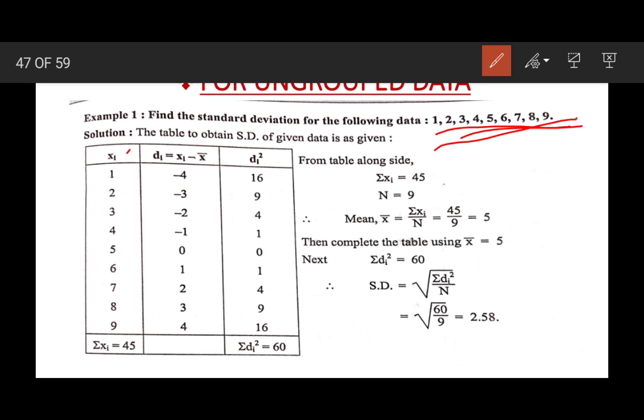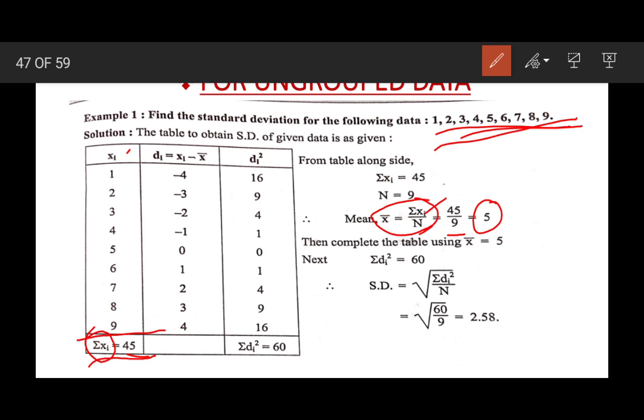Now the first step is finding the mean. The formula for mean is summation of x upon the number of observations. So first we have to find the summation of x, the total of x. The total of x is 45. So 45 divided by 9 is 5.